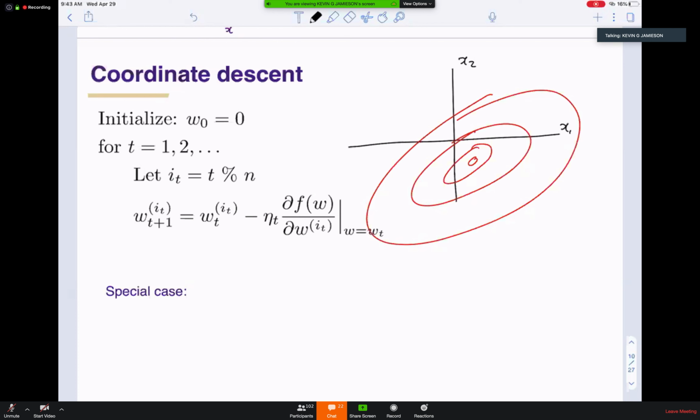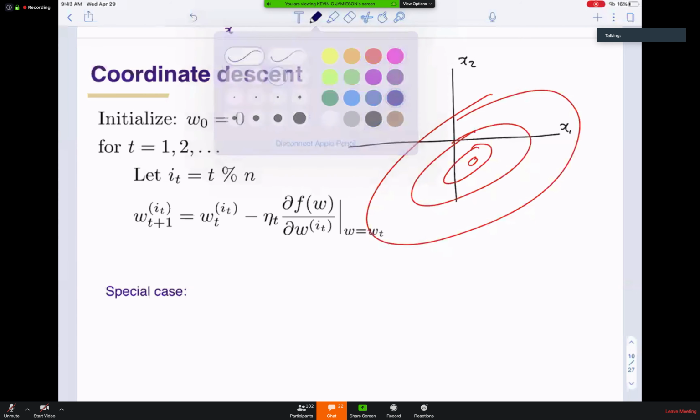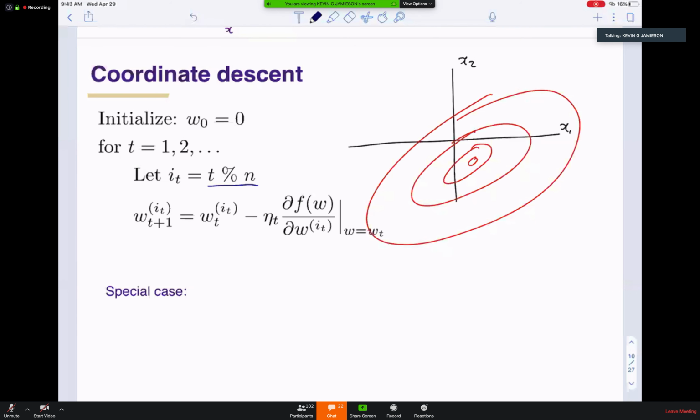Thank you. And so what coordinate descent is doing is this is t mod n, where n is the dimension. So if I'm on iteration 30 and I'm in 2 dimensions, then 30 mod 2 is 0, plus 1 is 1.